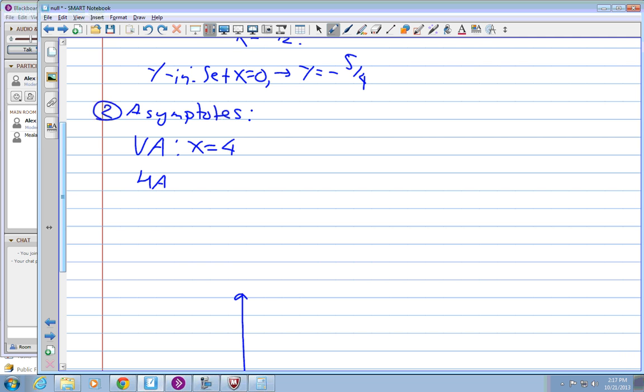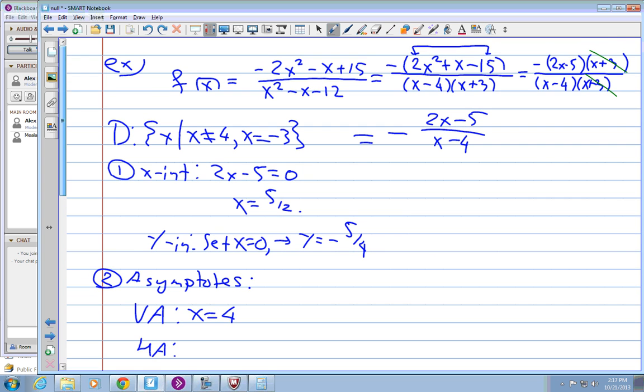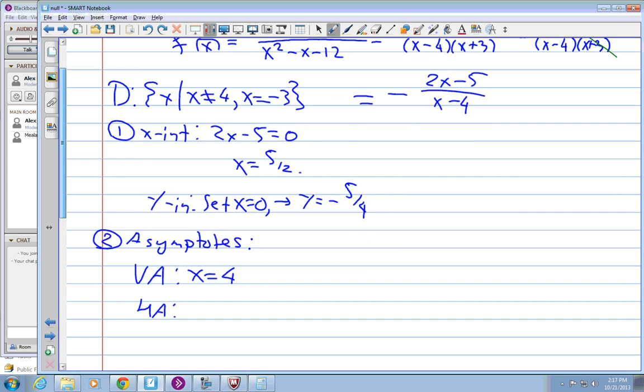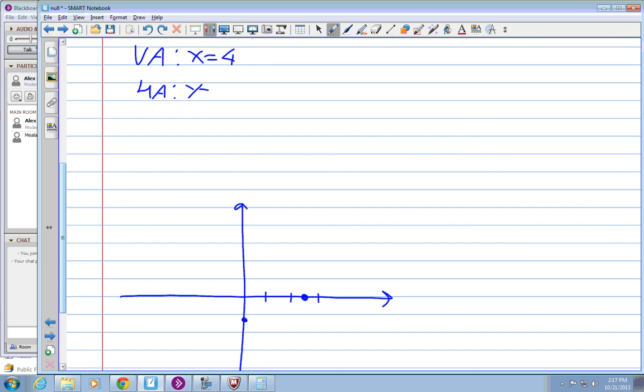Now, horizontal asymptote, as you just said, was negative 2. Is everybody okay with negative 2 for horizontal? If you look at the original one, it's negative 2 over 1. If you look at the simplified one, it's 2 over 1, but there's still a minus. No, just positive 4. So the horizontal one is y equals negative 2.